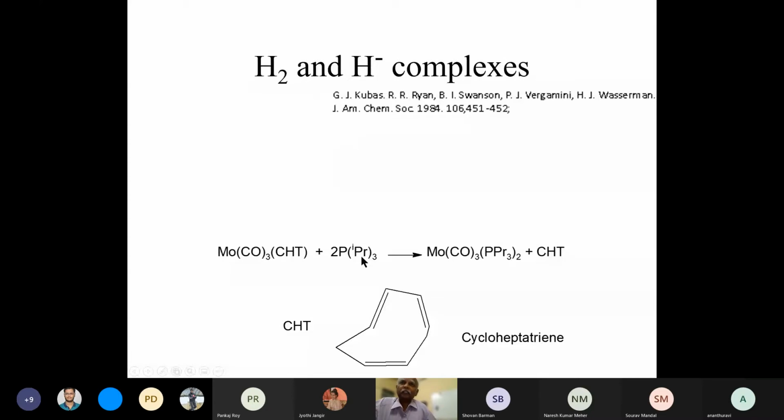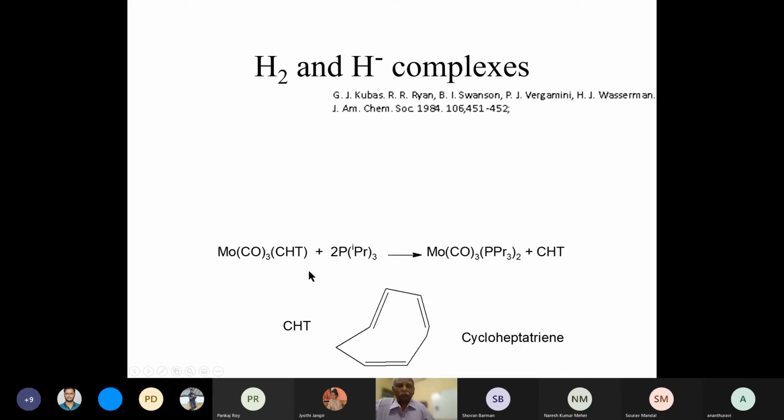Kubas, for example, found out that there is a very unique system where you can make a dihydrogen complex. The paper that he published, in fact, talked about Mo(CO)3 cycloheptatriene. Heptatriene, it's a 7-membered ring with 3 double bonds. Now, you can force these 3 double bonds to be flat, and all 3 of them can coordinate to the molybdenum.